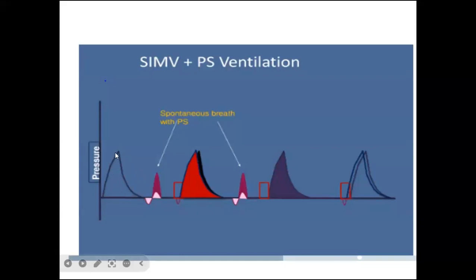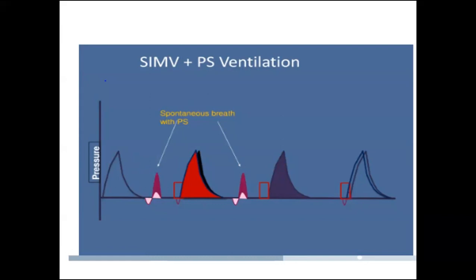And see here, the volume generated in these two will never be equal. If you are supporting to the same extent as the mandatory breath, then what is the difference in setting a rate here? What I'm telling is, if you support to the full extent and the tidal volume generated during spontaneous breathing reaches that of the mandatory breath, you can just increase the rate.